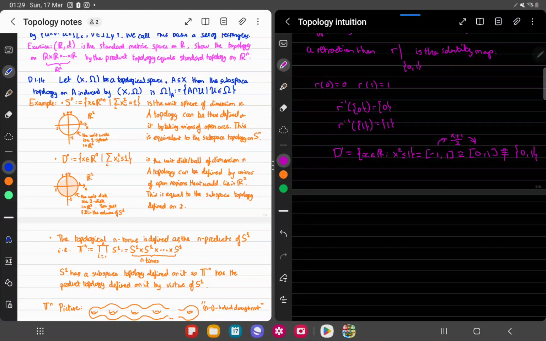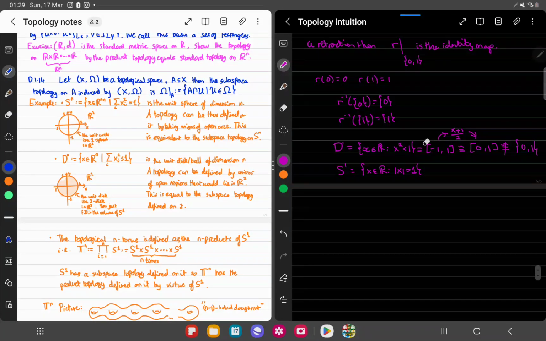0, 1, but S1 is equal to the space x element of R such that norm of x isn't equal to 1. Sorry, less than. And then that should be... Oh no, it is less than or equal to.